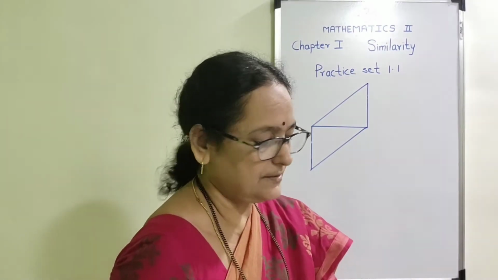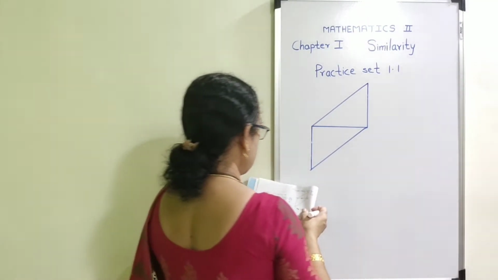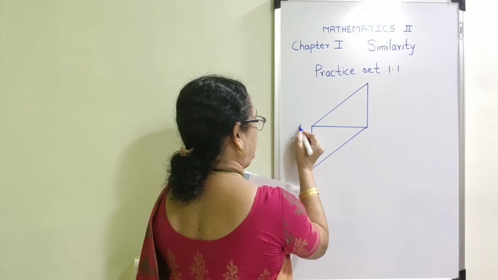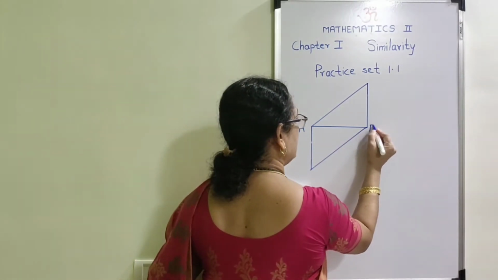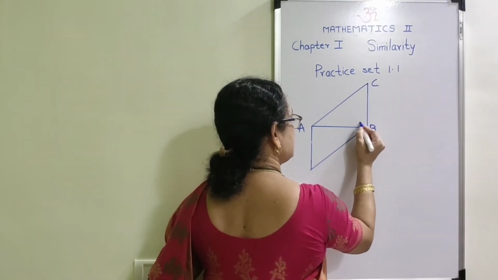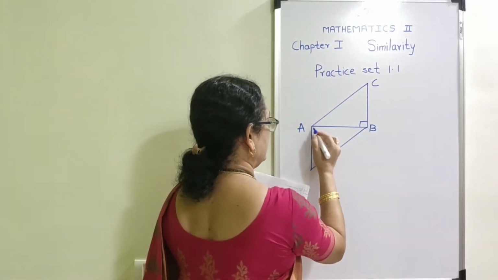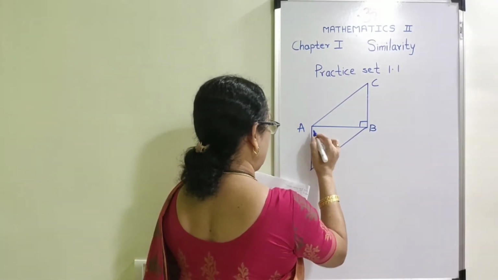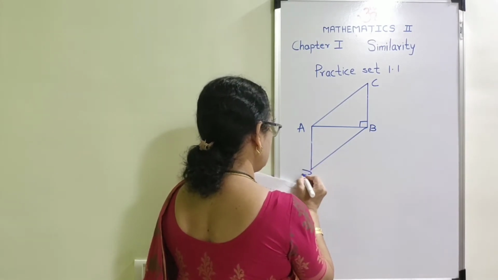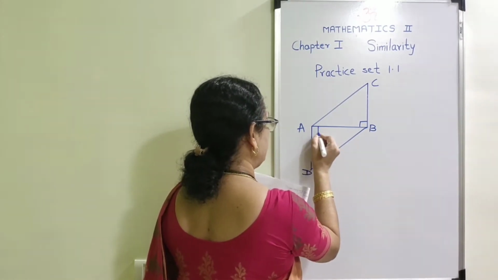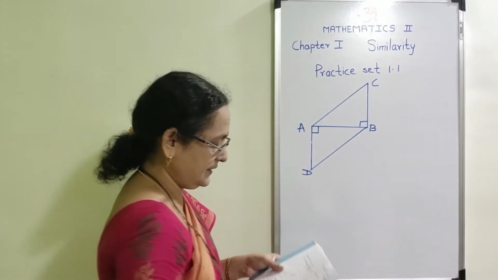Now observe the figure. First triangle is triangle ABC. Since angle B is 90 degree, this is a right angle triangle. Second one is triangle ADB. Here angle A is of 90 degree.